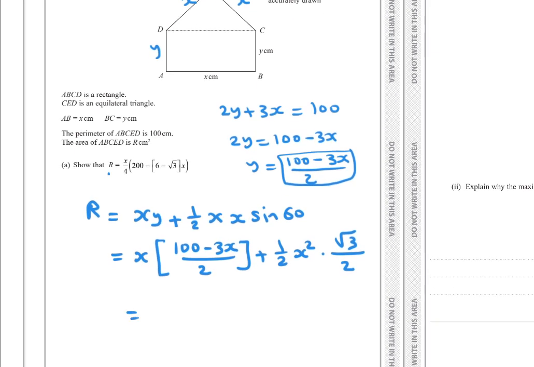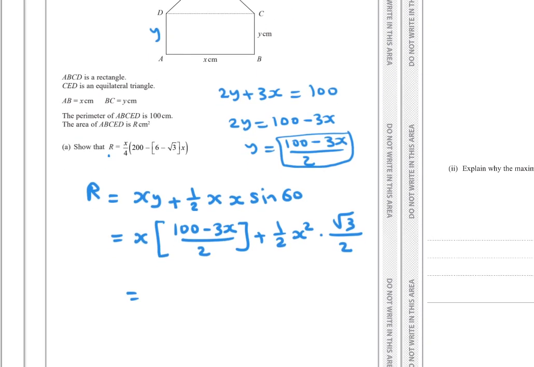So we can simplify more. We can write x over 2 into (100 minus 3x) plus 1 over 4 root 3 x squared. Now because I need to convert this one to that one, we need to take x over 4 common.